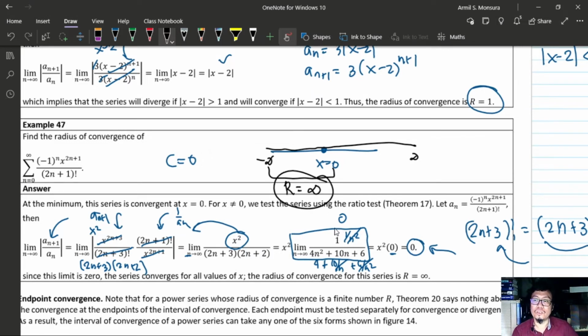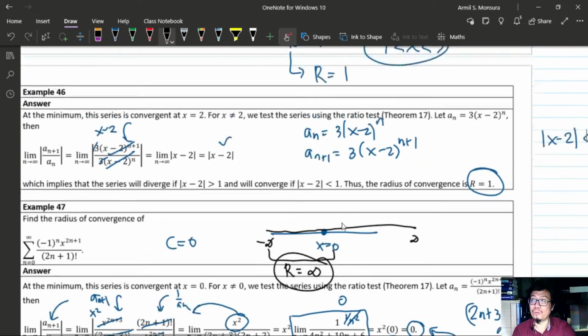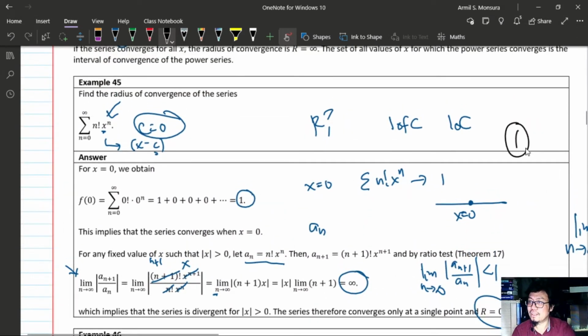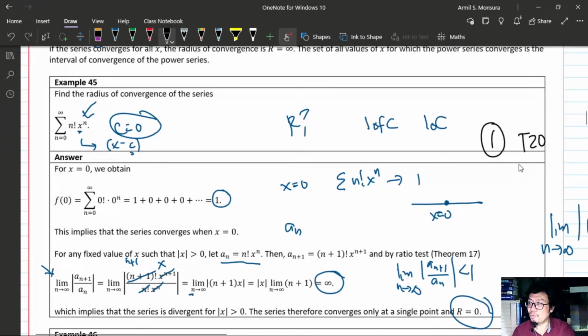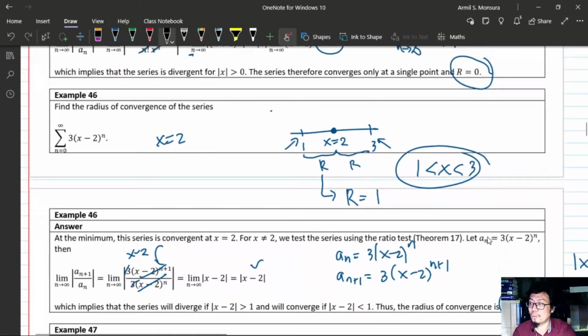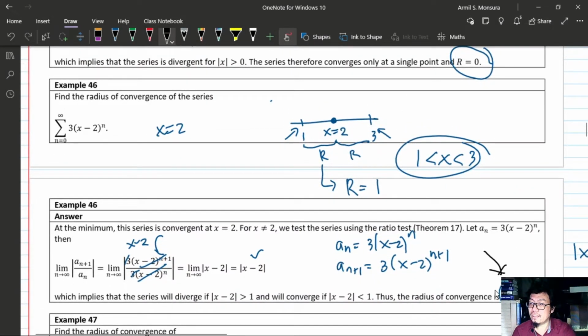So we have here three examples of the stipulations of your theorem 20. The first is where your series would only converge at a single point, the center. We have another example where you have a finite radius of convergence, which is the second stipulation of theorem 20.